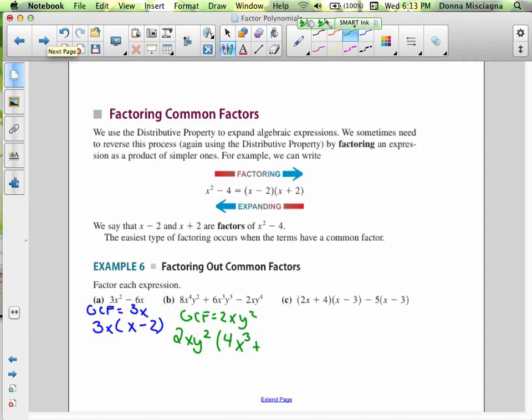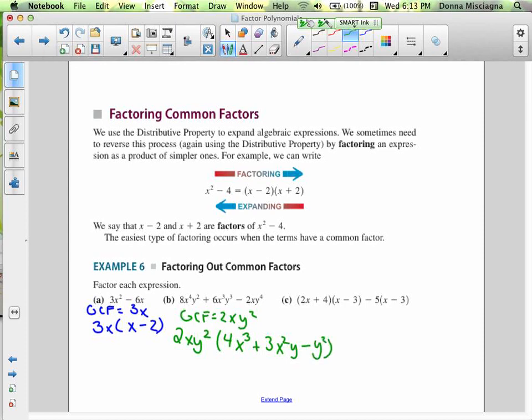All right, 6 divided by 2 would be 3. x cubed divided by x would be x squared. And y cubed divided by y squared is y. And the last term, 2 divided by 2 is 1, so we don't need to write that. Oh, but we should write the subtraction sign. x divided by x, again, that's 1. And then y to the fourth divided by y squared, that would be y squared.